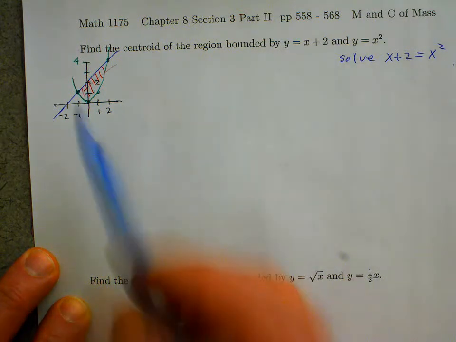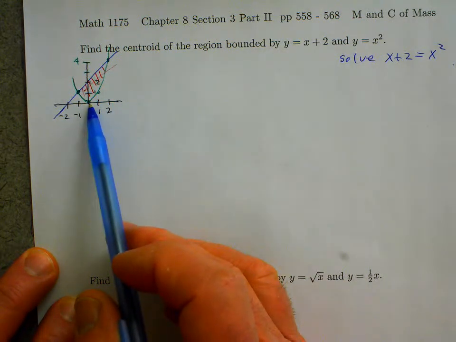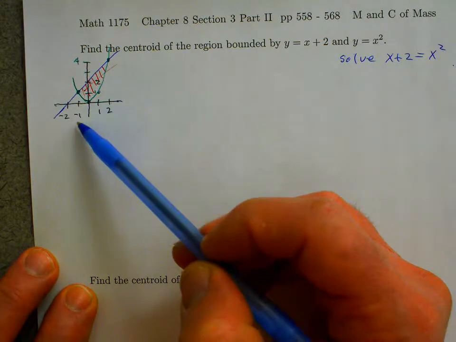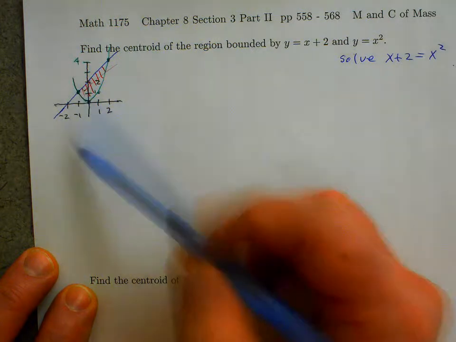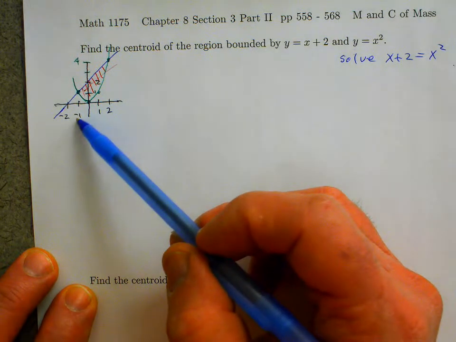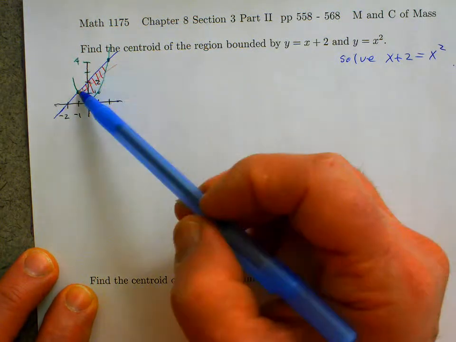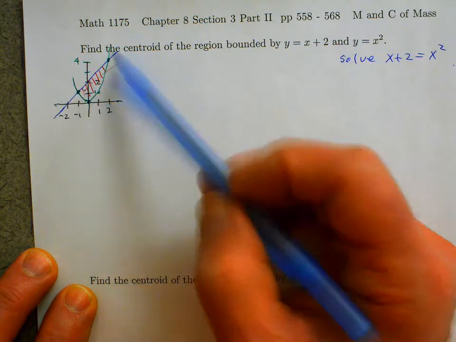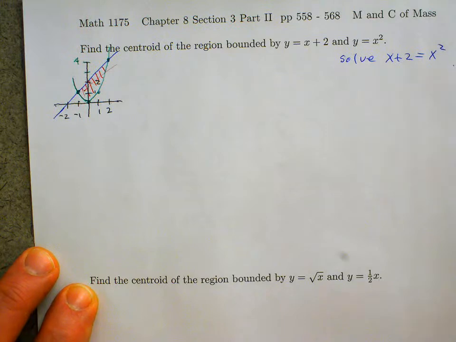This was simple enough that we can do it algebraically, and on that interval we can do it graphically. On the interval from -1 to 2, the graph of y equals x plus 2 is above the graph of y equals x squared.